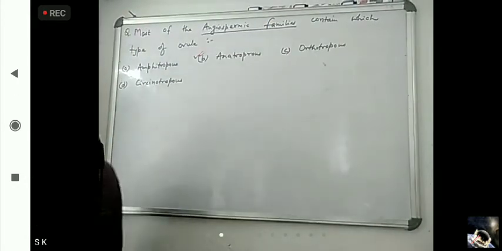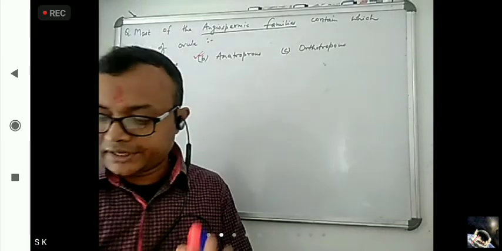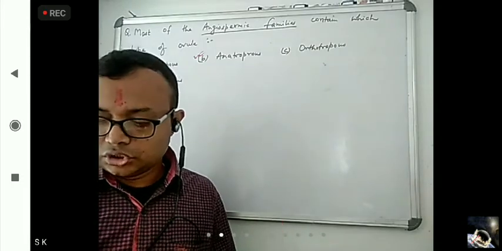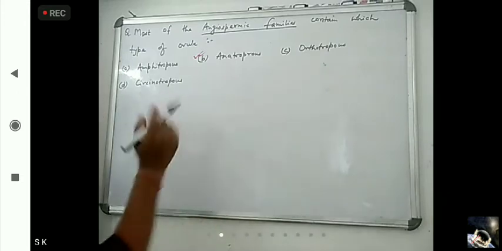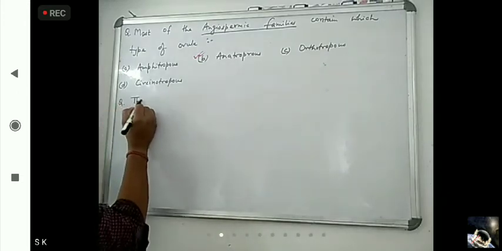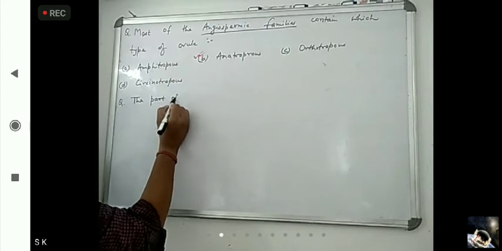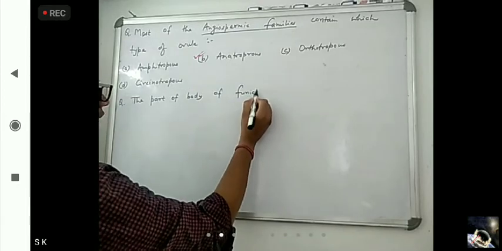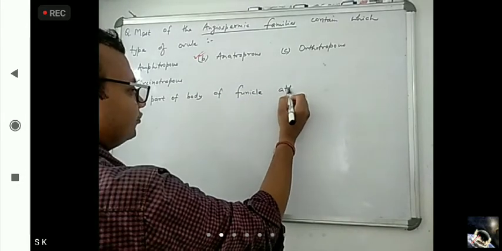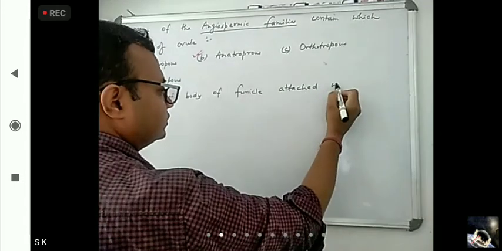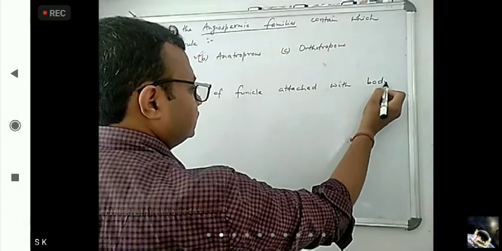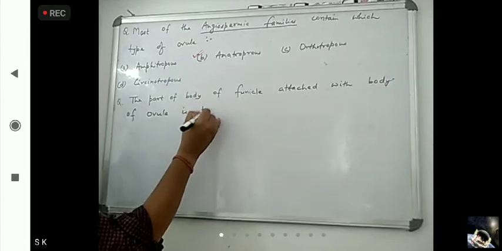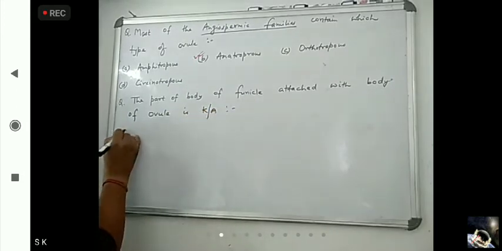Okay. Now, next question is there. The part of attachment of funicle to the body of ovule is known as, the part of funicle attached with the body of ovule is known as, yes, tell me what is that answer?